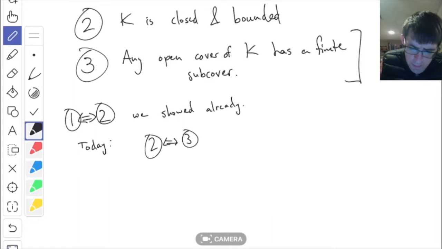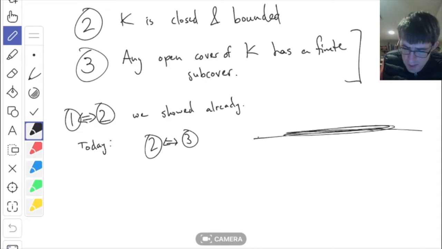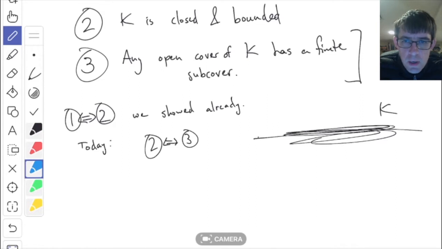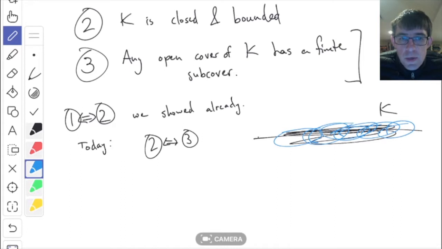Just to refresh your memory about what an open cover is, remember an open cover means you have your set here, K. I draw it as if it looks like an interval, but a compact set doesn't have to look like an interval. And then an open cover is some bunch of open sets which cover up the entire set of K. And closed and bounded, what we want to demonstrate is any closed and bounded set has this property that an open cover has a finite subcover. So this is if and only if.